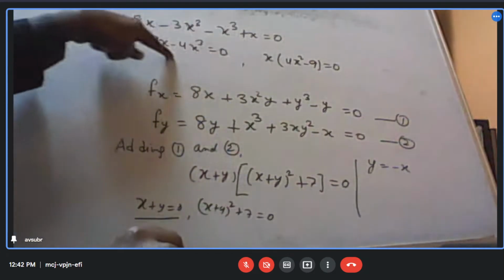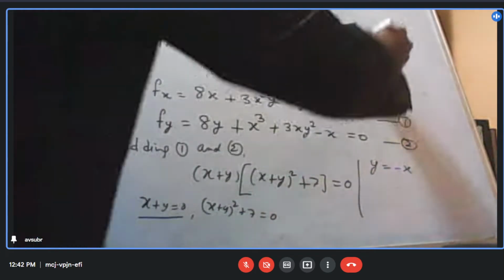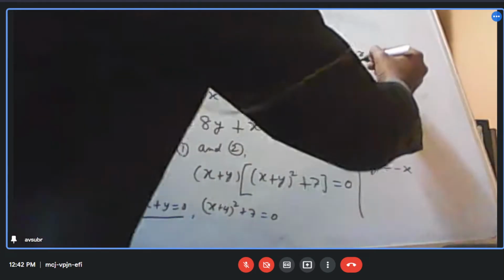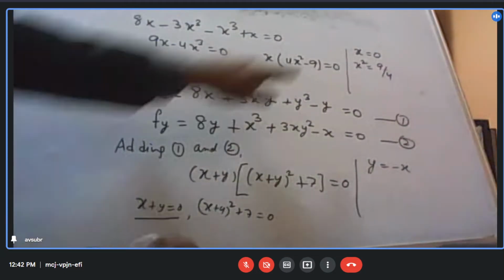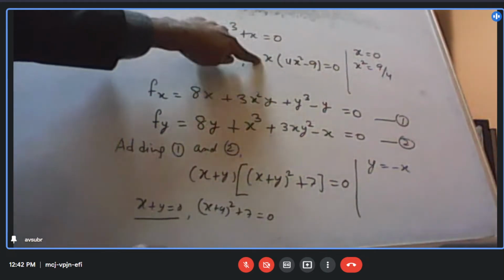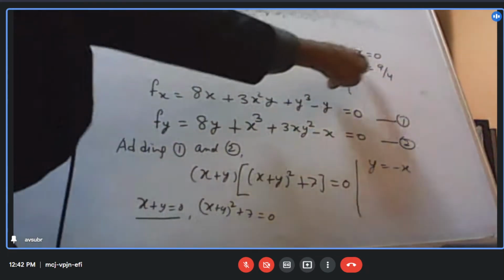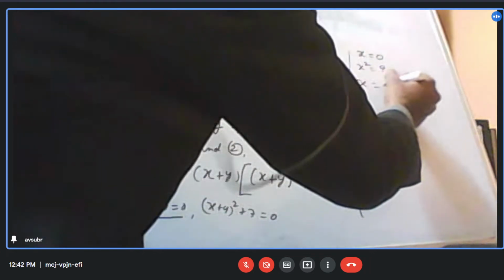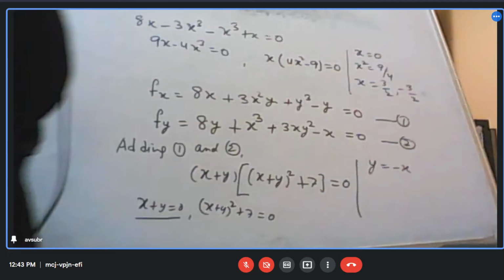Now from this, x is equal to 0 or x square is equal to 9 by 4. Either this will be 0 or this will be 0. If this is 0, then x is equal to 0. If this is 0, then x square is equal to 9 by 4, so x is equal to plus 3 by 2 or minus 3 by 2.